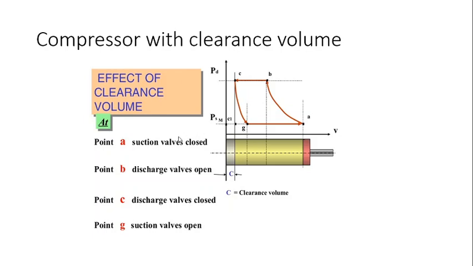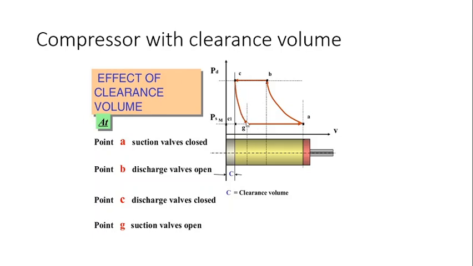And see, at this point A, the suction valve closes. At point B, the discharge valve will open. At C, the discharge valve will close, and at G, the suction valve opens. So from C to G, the suction valve remains closed, so we will not get any air.